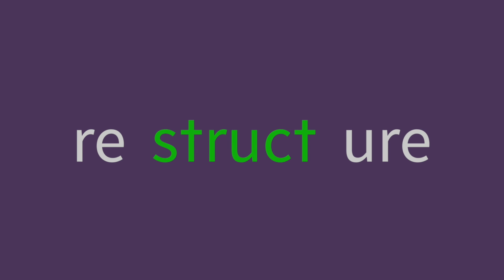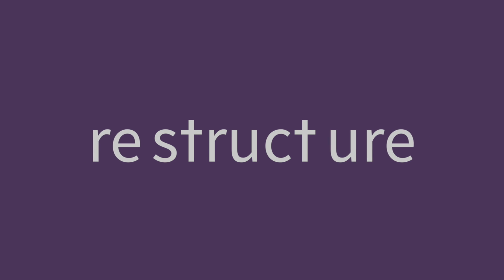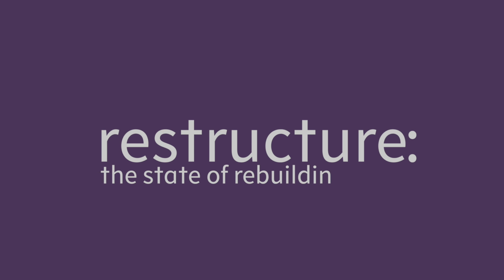Struct is a Latin root word meaning to build. Ure is a suffix that indicates part of speech. The meaning of the word restructure is rebuild, so to change or alter the structure.